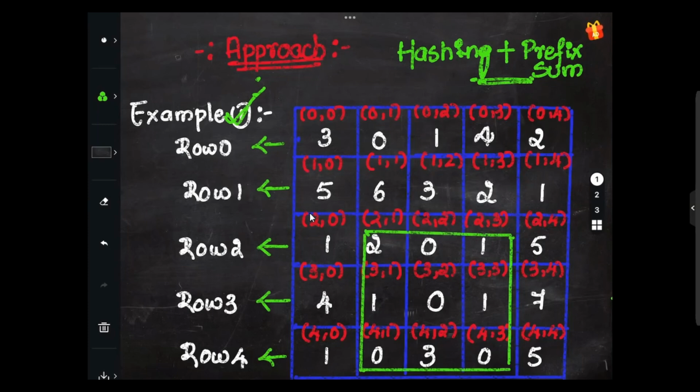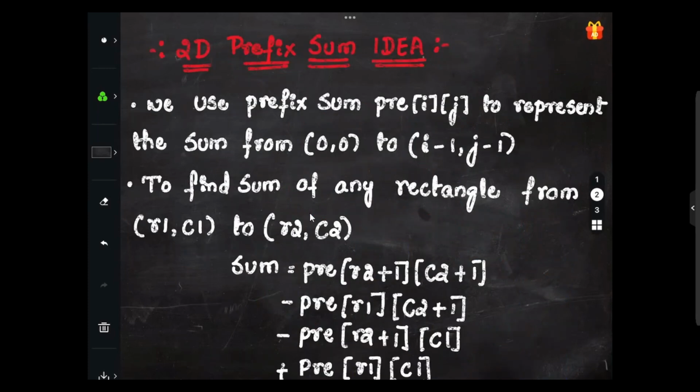Let's discuss this step by step. Let's go with the 2D prefix sum idea. We have already discussed that we'll be going with a 2D prefix sum along with hashing.